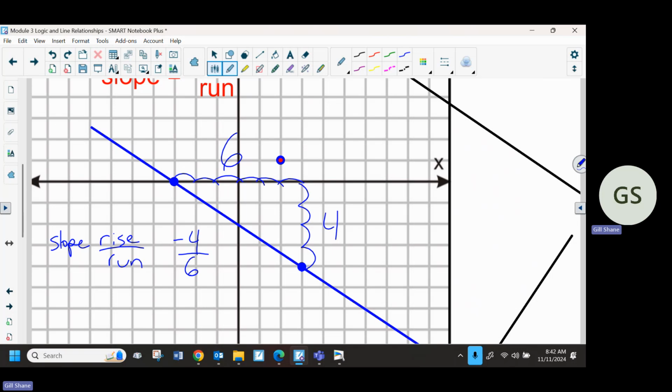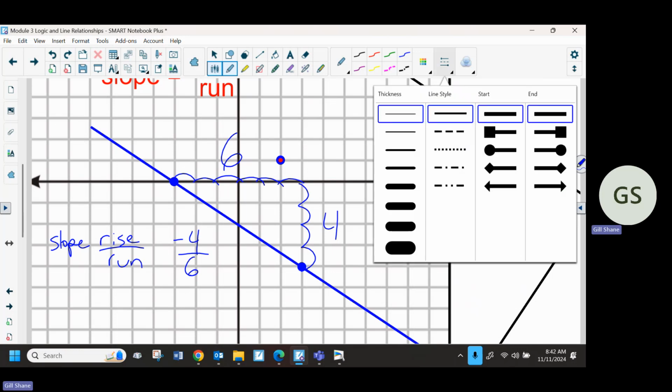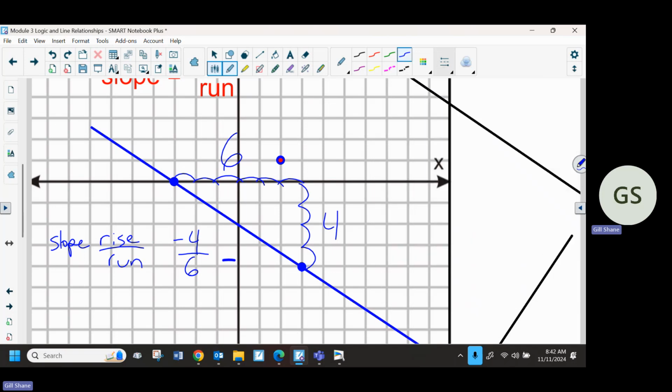Joel, what do I need to do with -4/6? But before I even do that, what can we do with that? Both even, that's a hint. Yeah, let's simplify that. Again, if you're testing for perpendicular, it's not a big deal because the calculator kind of takes care of it for you. But if you're going to graph, which we are, simplifying it helps.